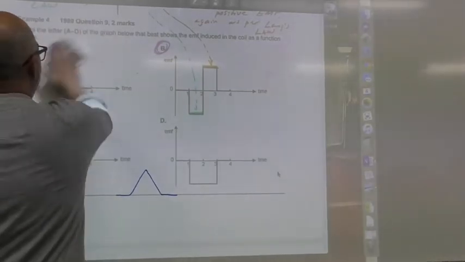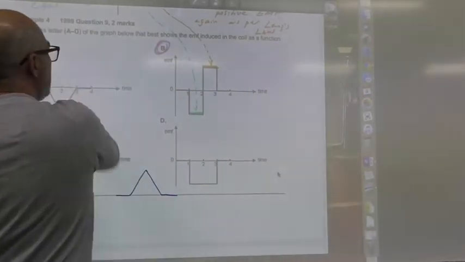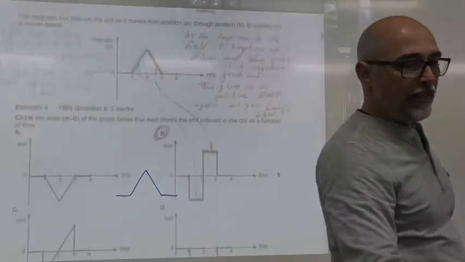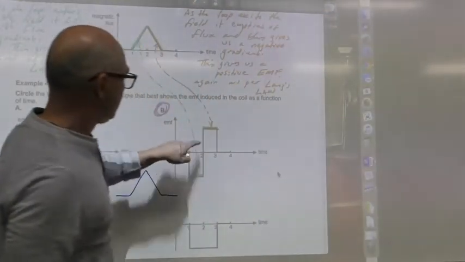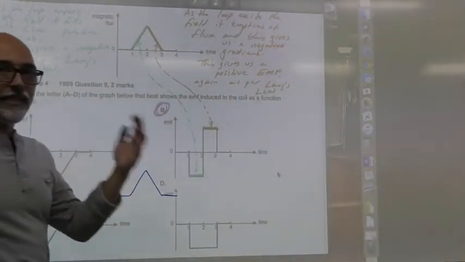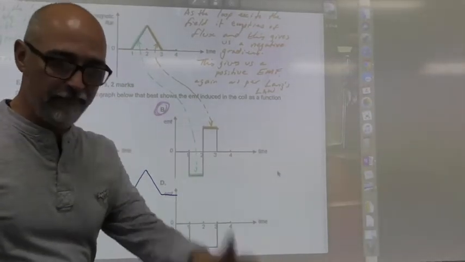Why is it this graph? Okay, well, ask yourself the relationship between this graph and this graph. All right? What did we say just now, like maybe 20 minutes ago?